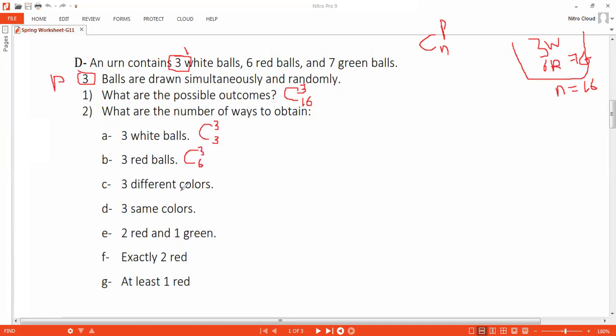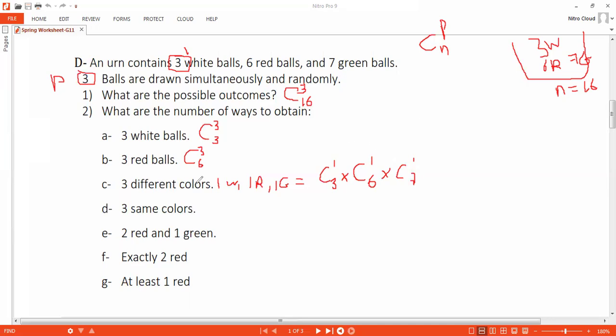Okay? 3 different colors means I have to pick 1 white, 1 red and 1 green. How do I use this in combination? It's C 1 3 times, because I'm still in the same case, this is "and", C 1 6, 1 red, and C 1 7, 1 green.